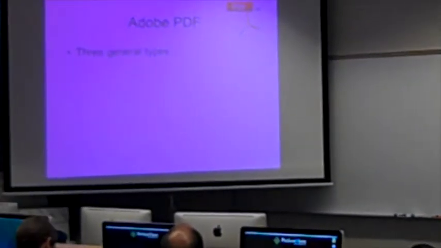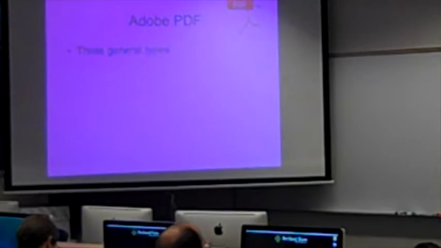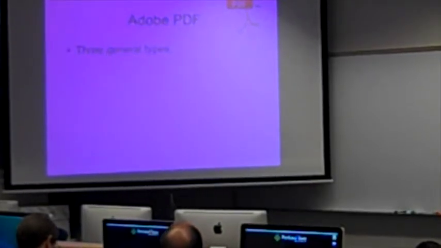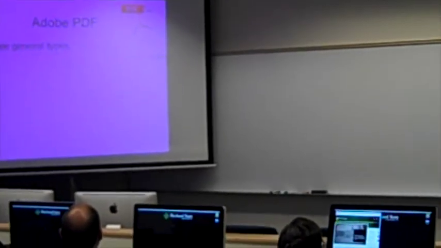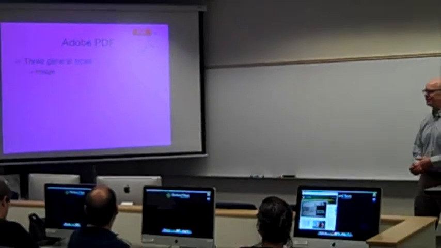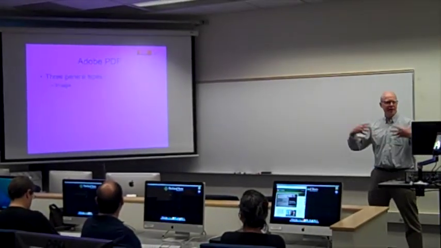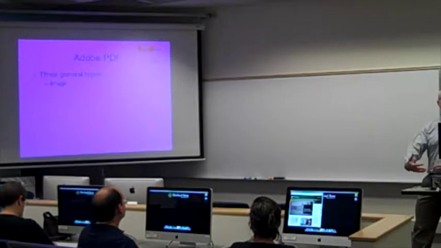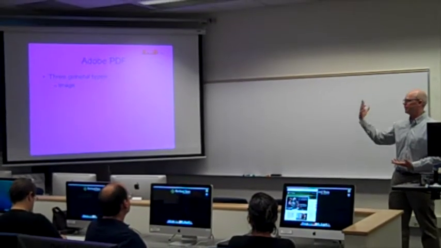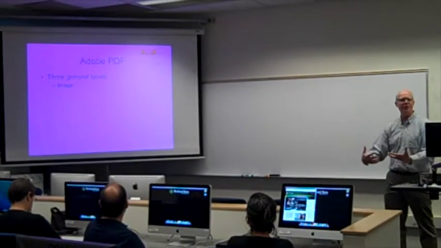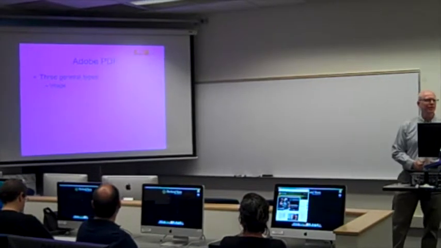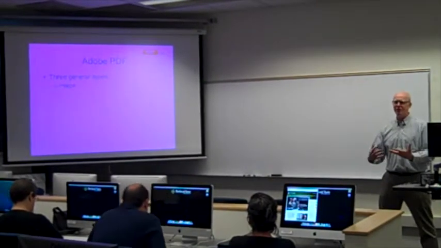Ultimately, since our final goal is PDF, we're going to talk about PDF. It's helpful to know that there are 3 general types of PDFs. First of all, just an image. If you scan a document and save that as PDF, it saves it as just a picture of the document, so it's not actually a document. There's no actual text there.